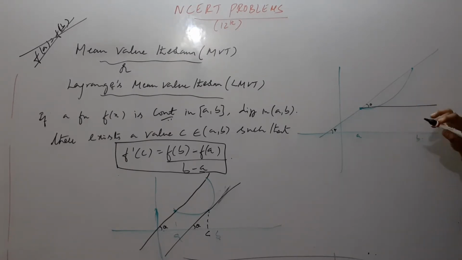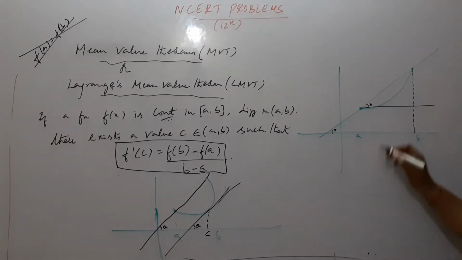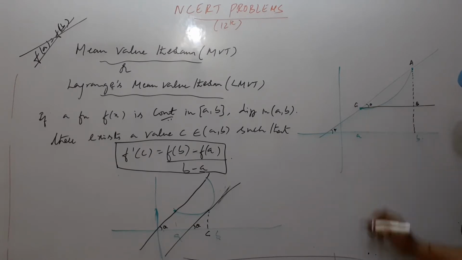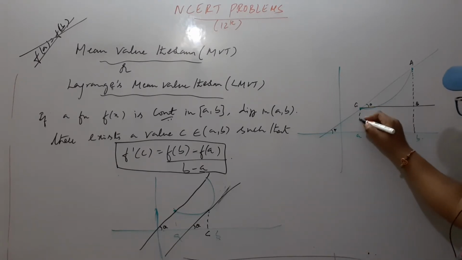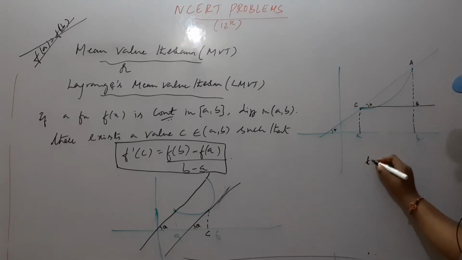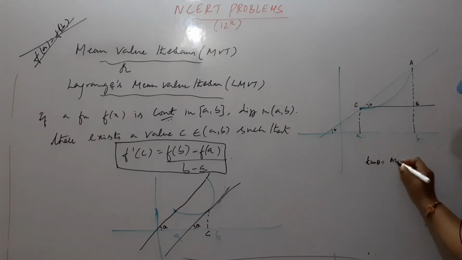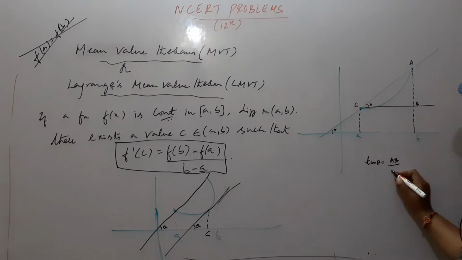Now, please observe here carefully. Tan theta, let me name it as A, B, C. Tan theta is nothing but opposite AB by adjacent BC. Fair enough.